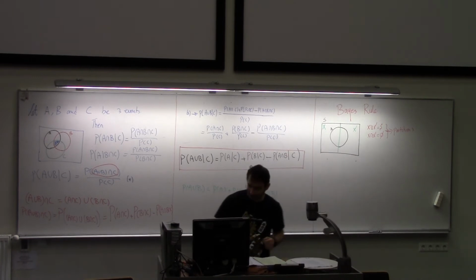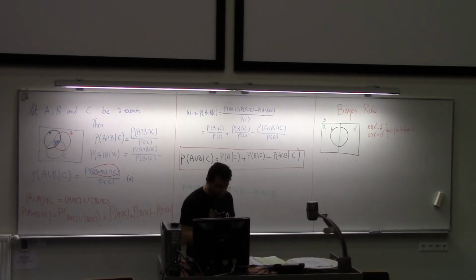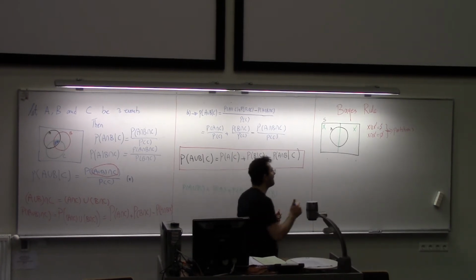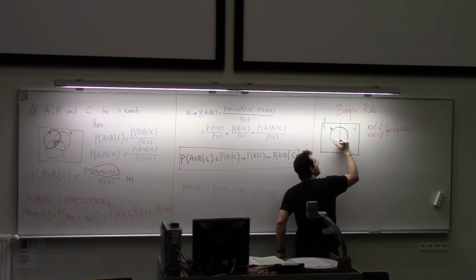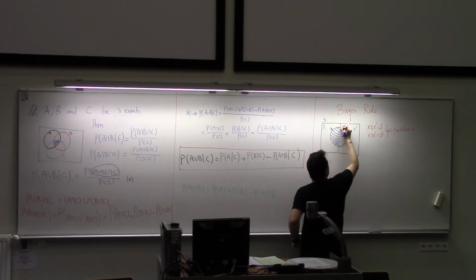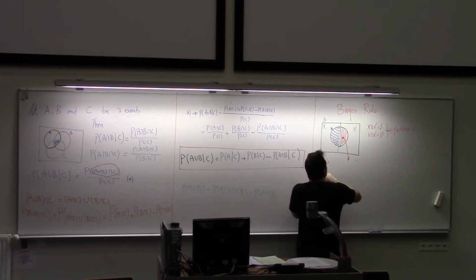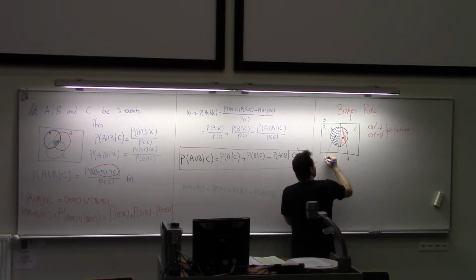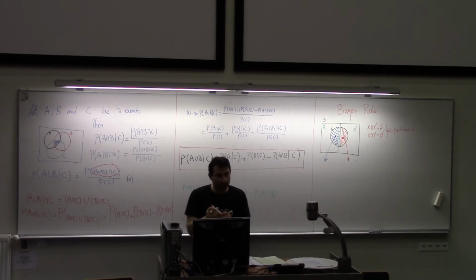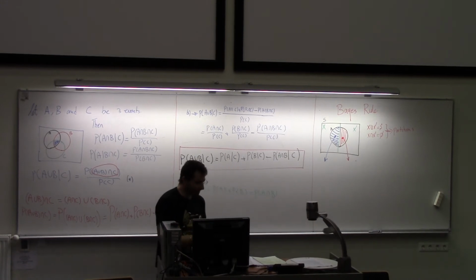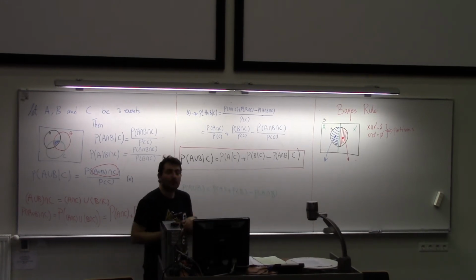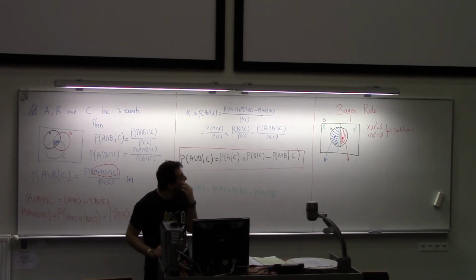Now, let's look at something else. This blue shaded part and this red shaded part. What are these? Partitions of A. They are.